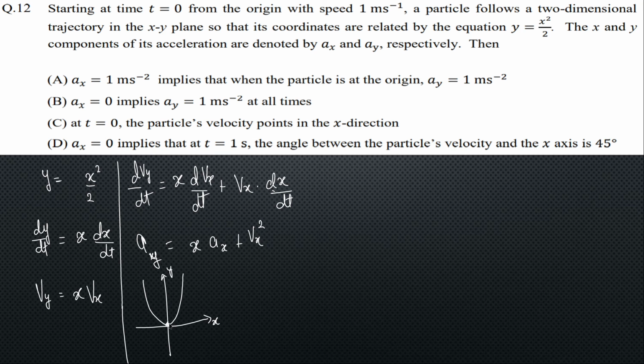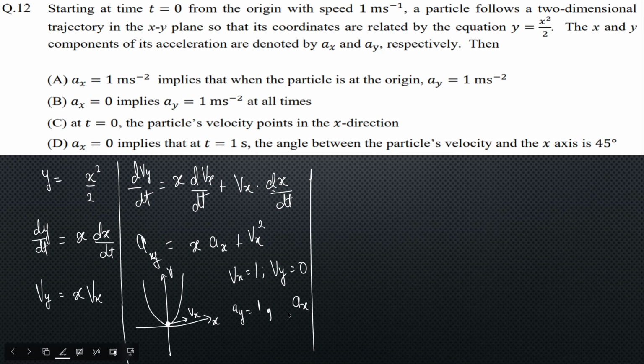Okay, so you see at t equals to 0, the velocity is in this direction only, x direction. So at t equals to 0, vx is 1, vy is 0. Okay, so at origin, ay is what? This x is 0 and this vx is 1. So ay is 1, and any value of ax can be taken at t equals to 0 at origin specifically. Okay, now this was for option number A.